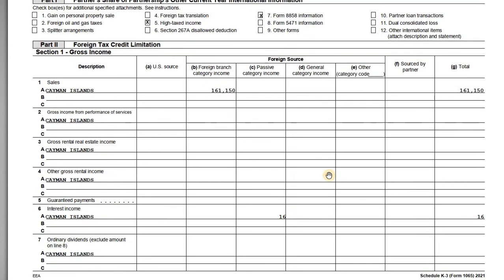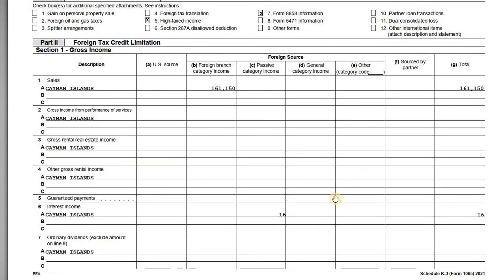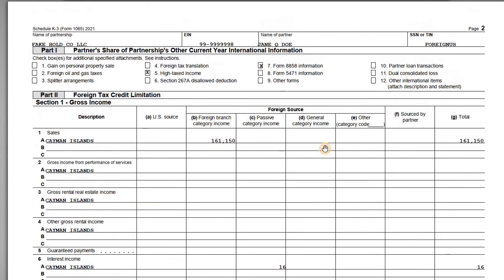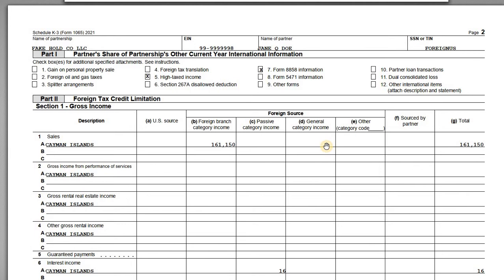Now this section provides the gross income and gross expense information based on source. This is generally supposed to be used for U.S. taxpayers, so individuals completing a Form 1116 or corporations completing a 1118, who are trying to figure out their FTC limitations. Now Jane, because she's a non-resident, a lot of this information is probably going to be a moot point for her.